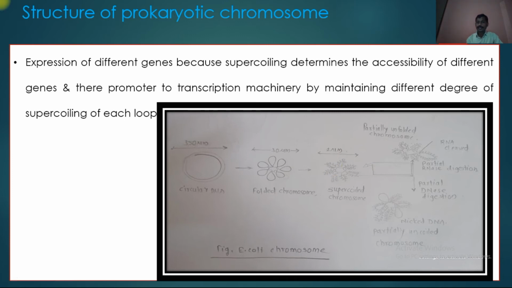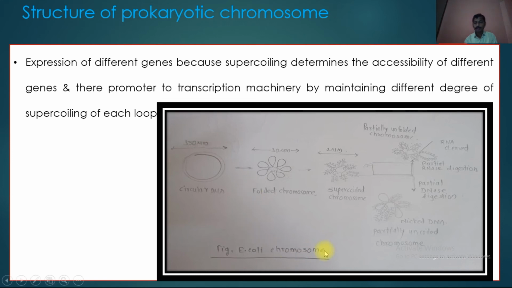Supercoiling determines the accessibility of different genes and their promoters to the transcription machinery by maintaining a different degree of supercoiling in each loop. Such supercoiled loops are expressed in that portion whenever the cell needs a particular kind of gene or particular type of protein.